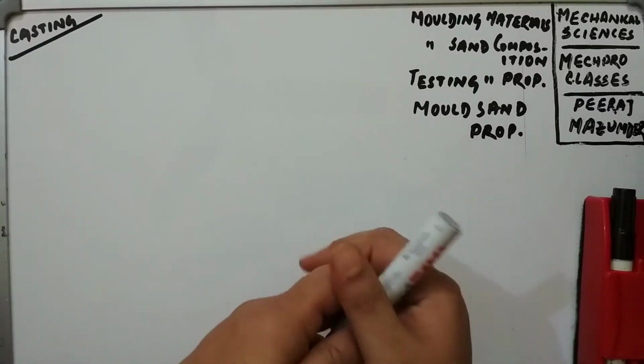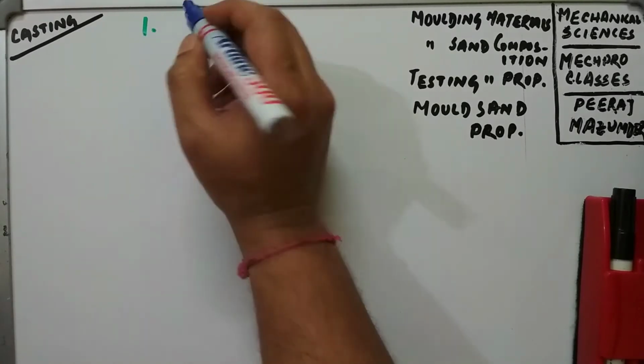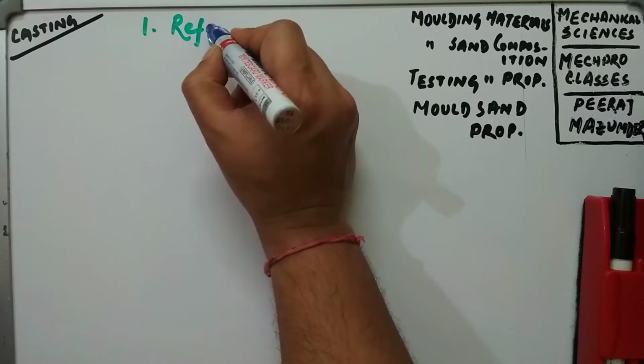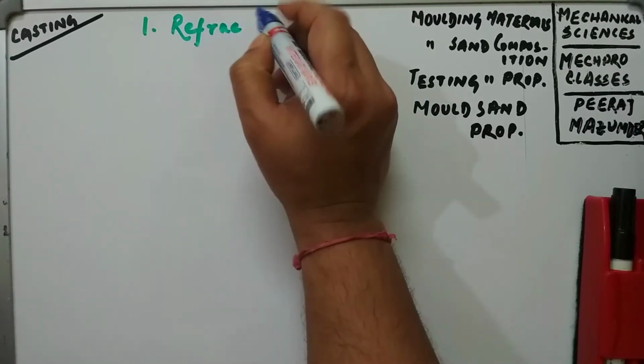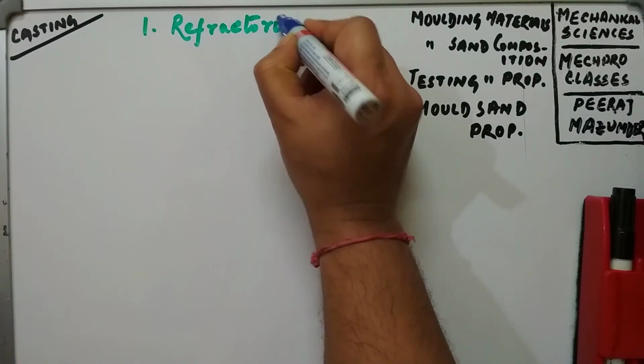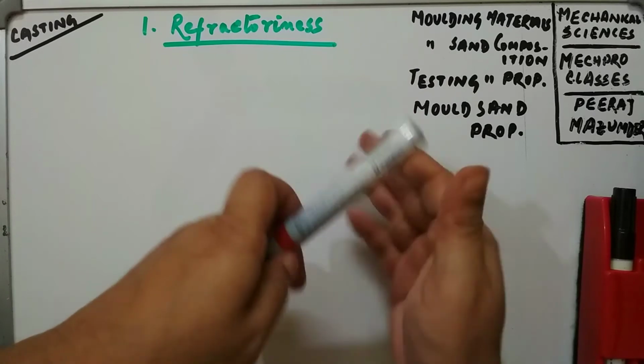Okay, now coming to the properties, first one is very important, that is refractoriness. I already discussed it also, but still I will be telling you a bit on the refractoriness. You already know what is refractoriness. It is one of the most important properties of the molding sand.